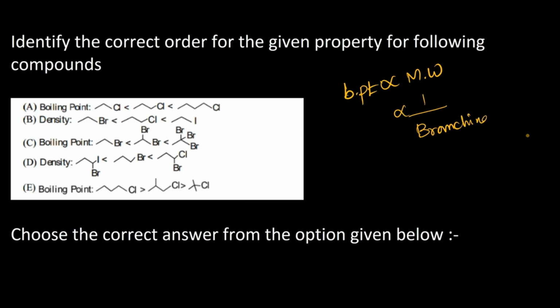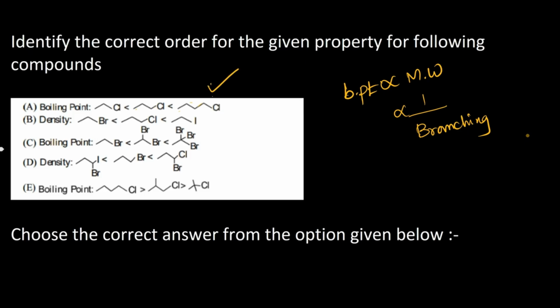Remember these rules, then others. Then let's see one by one. First one is having Cl, 1, 2, 3 carbon, 2 carbons, 3 carbons, 1, 2, 3, 4 carbons.